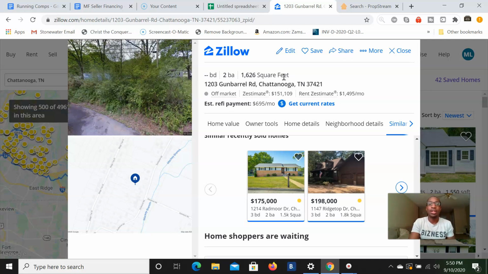So that's a good range. If you're in a pricier area, because here in Chattanooga, it's not. The values are getting kind of high, but it's not like New York or anything. So your percentage might change. Let's say your average home value, for example in New York or Cali, is 400 grand, right?